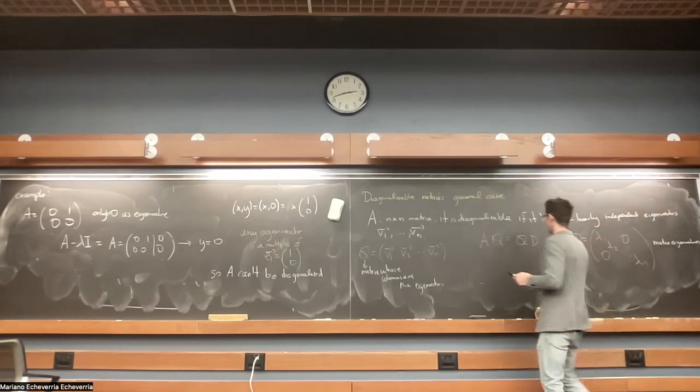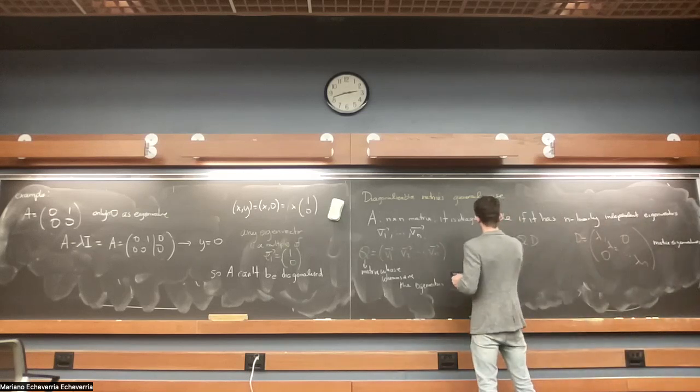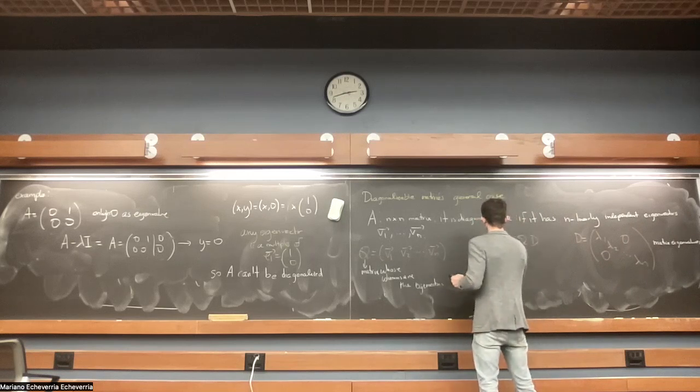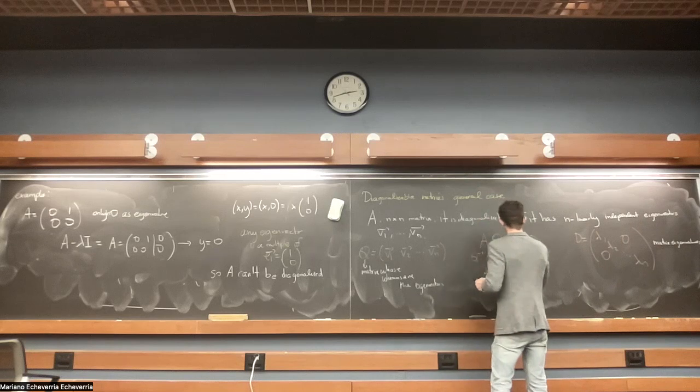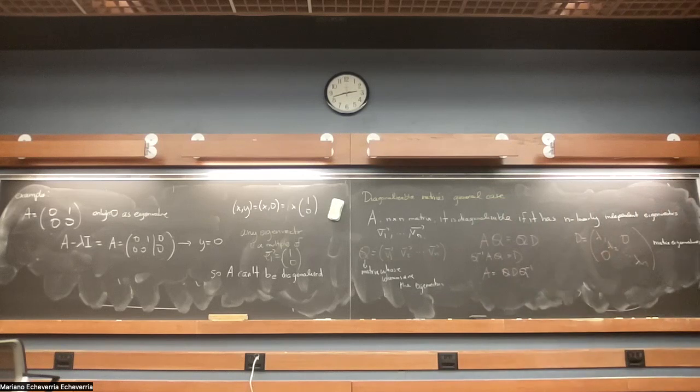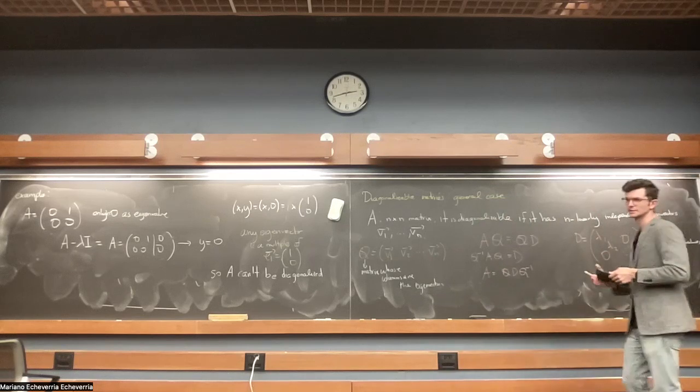Or you also get that Q inverse A Q is the same as D, or that A is the same as Q D Q inverse. So again, the same three equations from before continue to work. Now you're just working with n by n matrices.